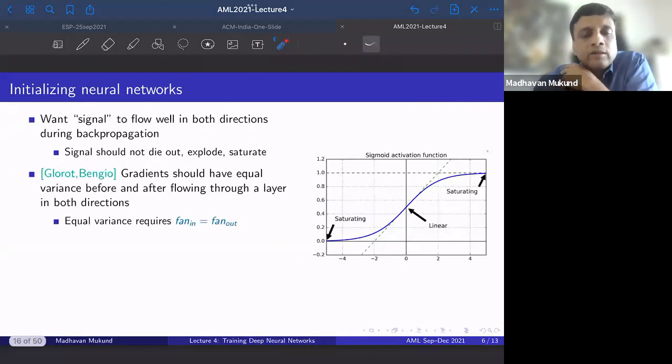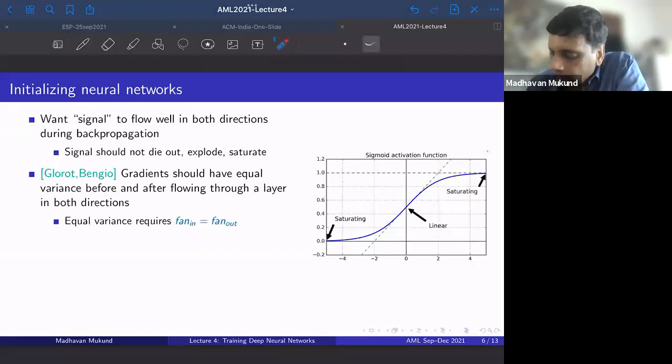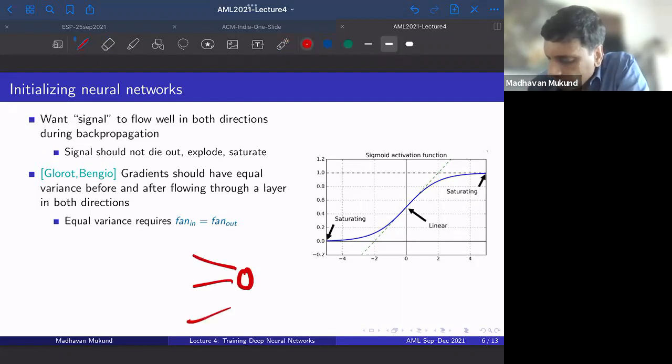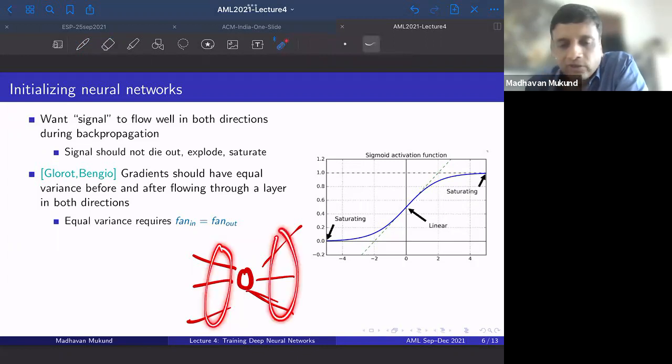So what they said is that they would like these gradients to have equal variance before and after flowing through a layer in both directions. Basically, if I draw one neuron with some inputs and some outputs, they would like the variance across these things to be the same as the variance across these things.